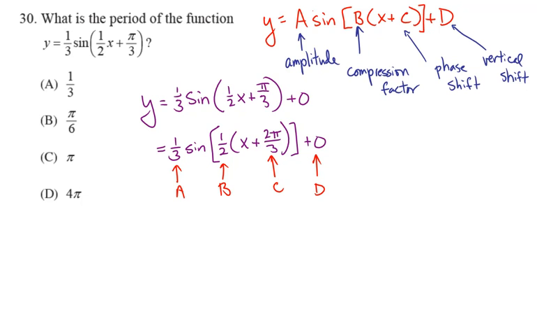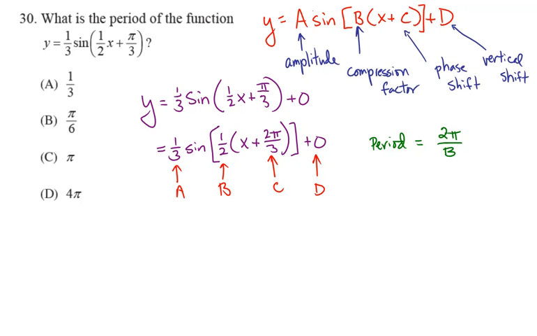Now, that still doesn't give me the period. The period is still going to be the basic period of that trig function divided by whatever B is. So its period is equal to 2 pi over B for sine and for cosine.